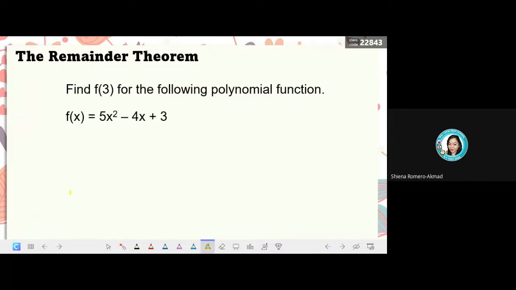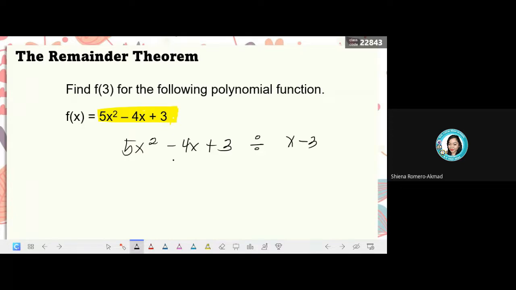So this is an example. This is your function, or should I say the polynomial. Ito yung polynomial. Di ba? Kapag kinukuha natin yung remainder, ang gagawin natin is to divide. So we have 5x squared minus 4x plus 3. Tapos pag kinuha natin yung remainder niyan, i-divide natin siya.